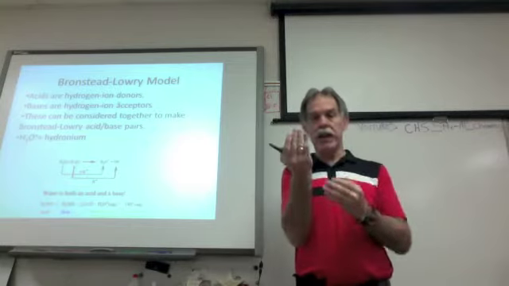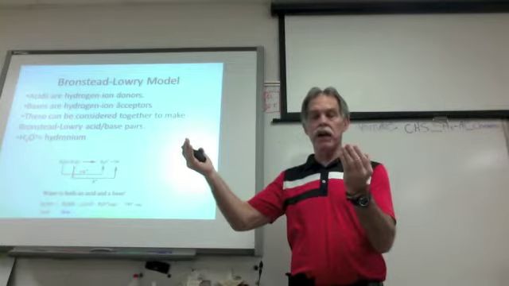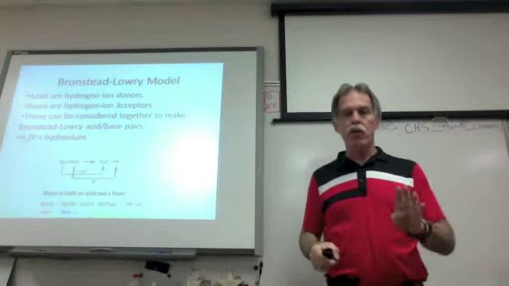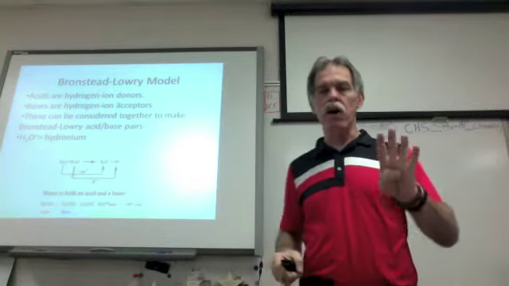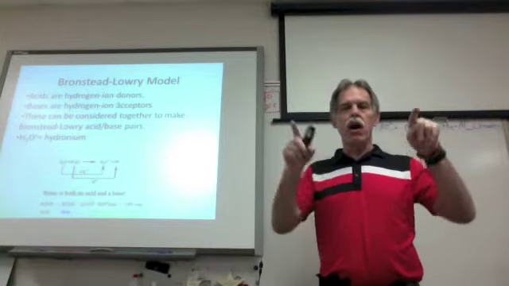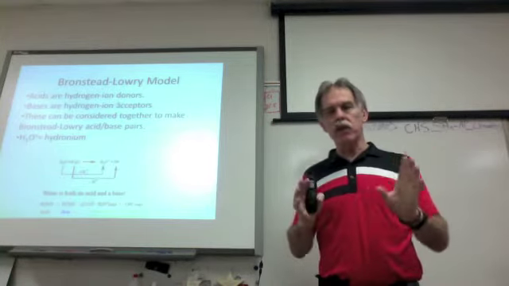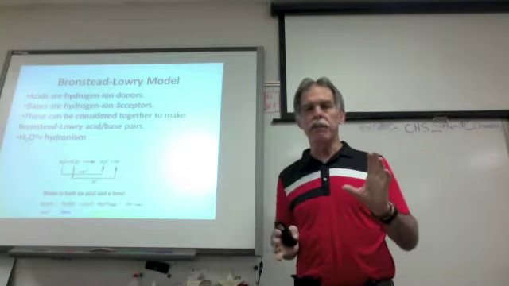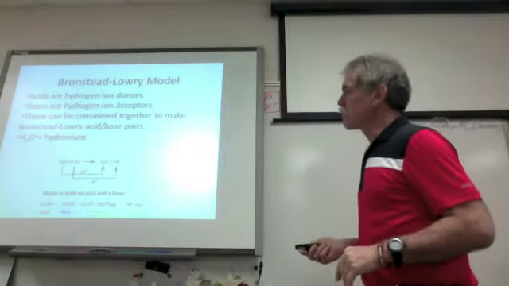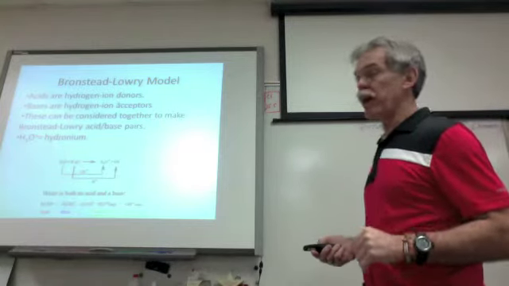When one accepts an H, the molecule on the other side ends up with one more hydrogen, and you connect those with a bracket. A way to do these is to remember that on each side of the arrow, there's an acid and a base. On each end of the bracket, there's also an acid and a base. And this will make it work real well as far as being able to set up the acid-base pairs.